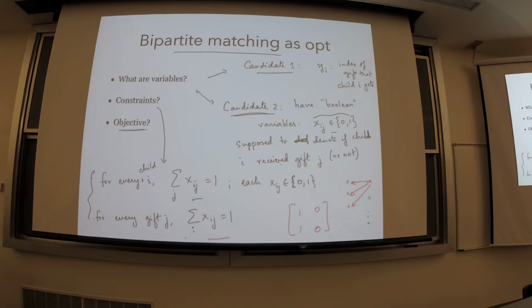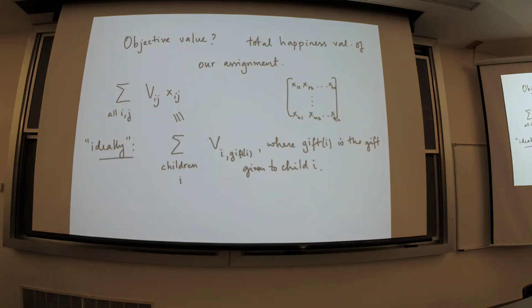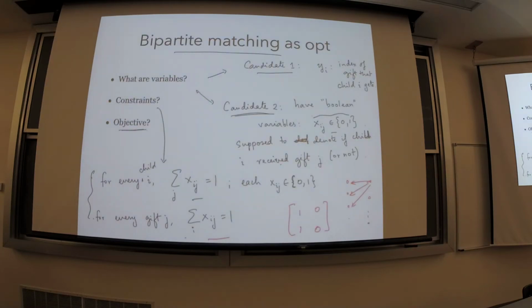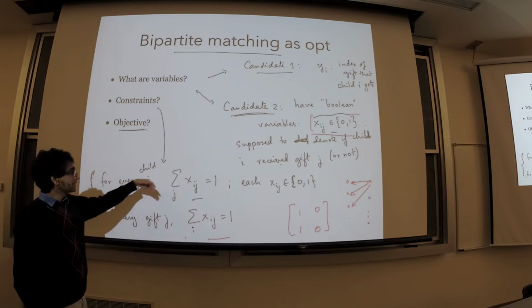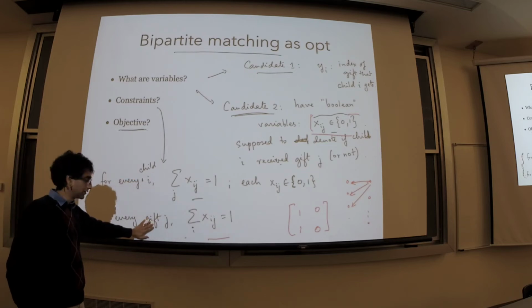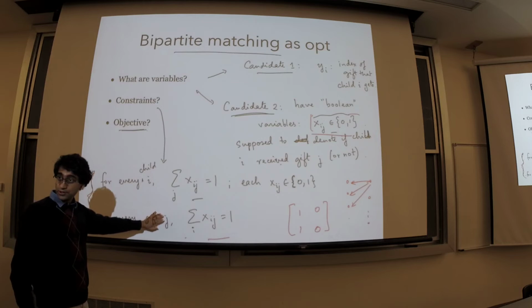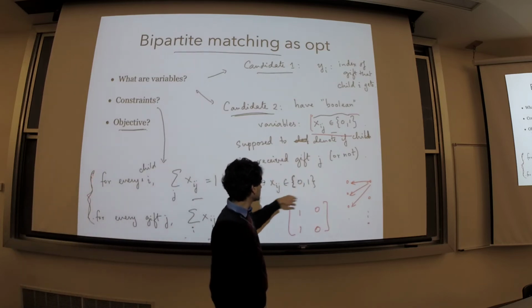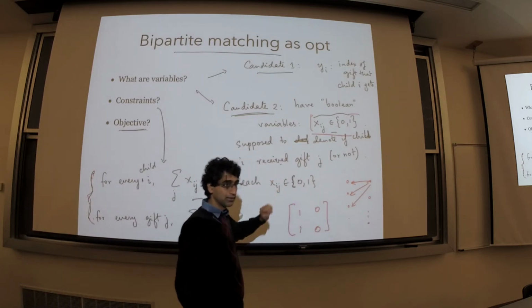Now is our goal just to map it to one of our optimization functions that we previously saw, or how do we get from this to our optimizer black box? Right. So what have we done? We have defined these variables x_ij, which are supposed to be binary, and we have these constraints: n constraints for children, n constraints for gifts, and these binary constraints, which you can view as constraints too.